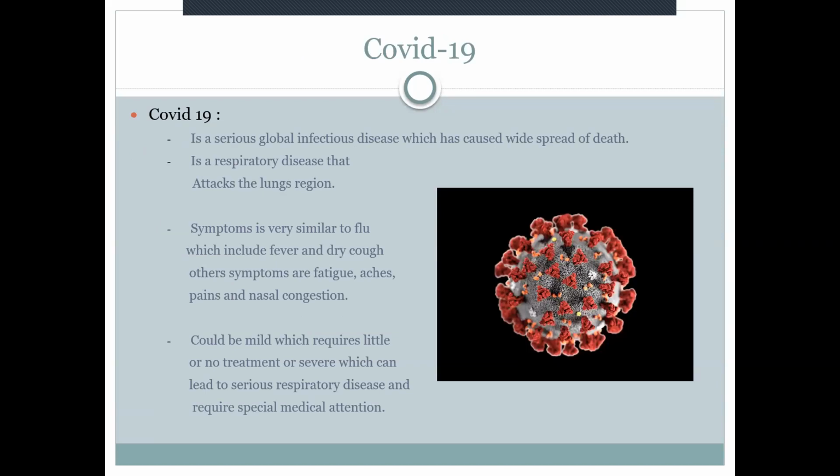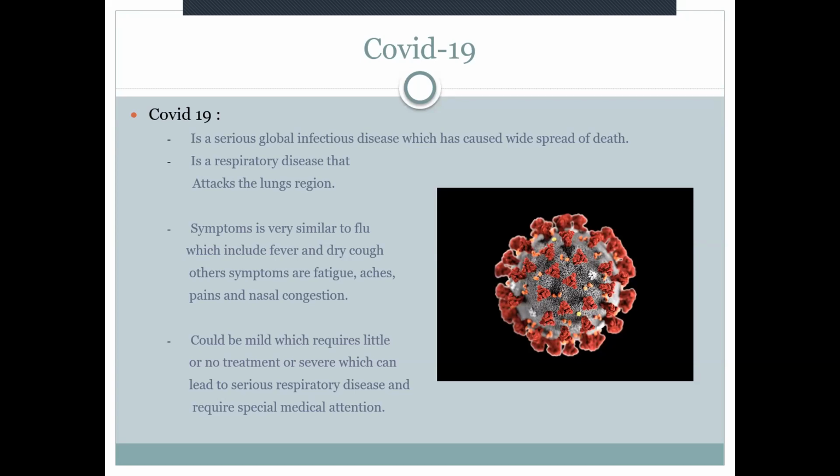Firstly, it's a global infectious disease and has caused widespread deaths. It's a disease that attacks the lungs area, and people who are infected exhibit some symptoms like fever, flu and some nasal congestion. We also noticed over time that COVID-19 could be mild, which means it may not be severe in patients, and also it can be severe.